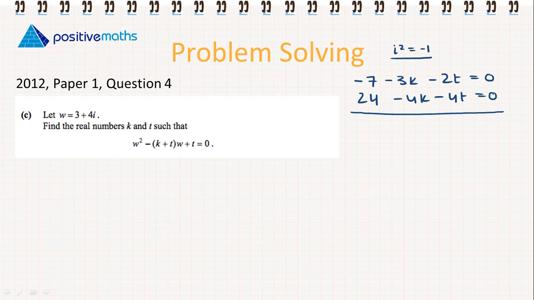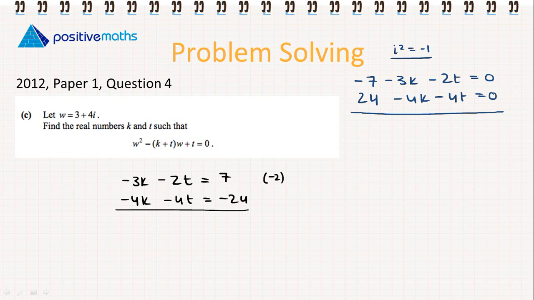So I'm going to write these out again. We want to solve them simultaneously. I'm going to multiply the top line by minus 2. So I'm going to get 6k plus 4t is equal to minus 14. The bottom line I'm just going to leave the same. Now I will notice that my t's are going to cancel.